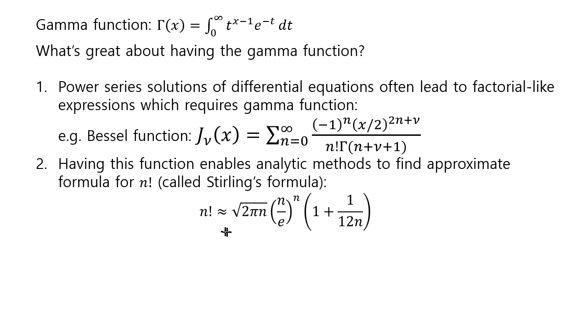Such an approximation is very helpful if you have to estimate some complex formula, or sometimes if you need to figure out if a given series converges or not. Having Stirling's formula is very helpful.